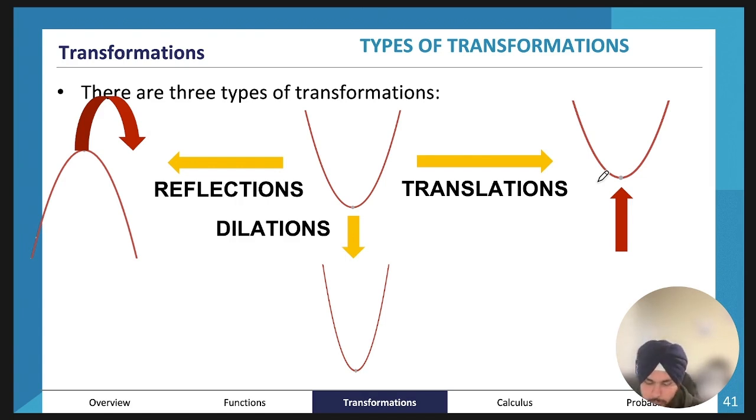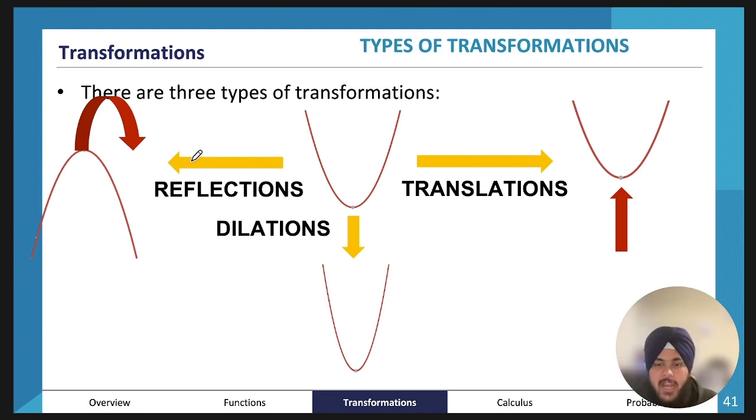Just to briefly summarize, a transformation is where we are changing the x or y variables of a graph, either by reflection, translation, or dilation, where dilation is just stretching or contracting the graph.